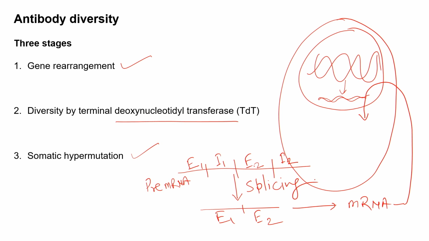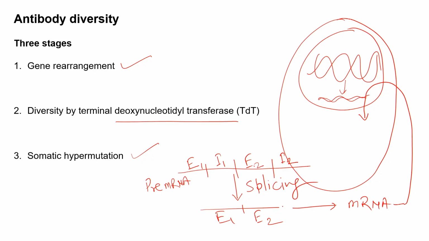Somatic stands for cell, soma means cell, hypermutation means a varied form of mutation, multiple kinds of mutation in the cellular system. So these are the 3 stages which we'll discuss that could generate a variety of different antibodies in the human body: gene rearrangement, terminal deoxynucleotidyl transferase activity, and somatic hypermutations.